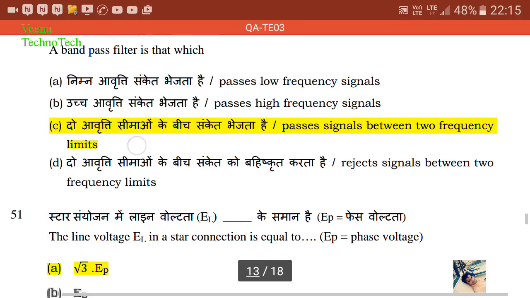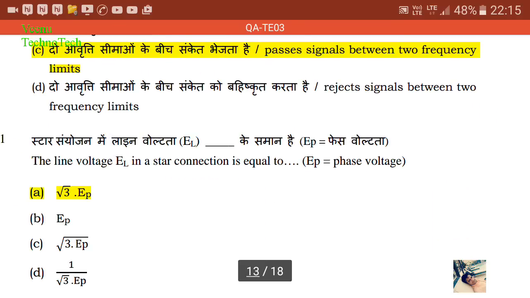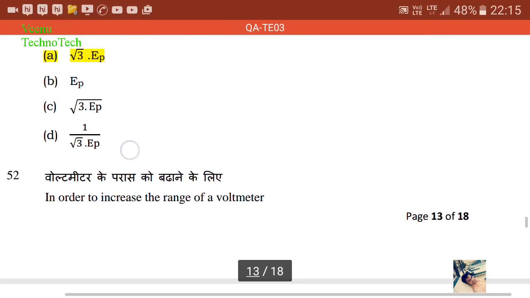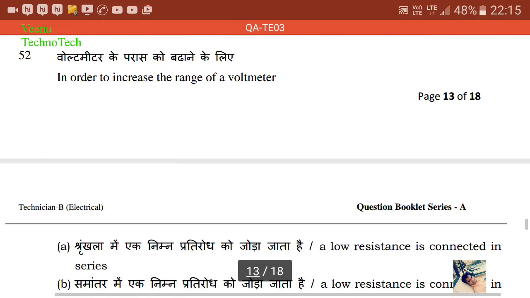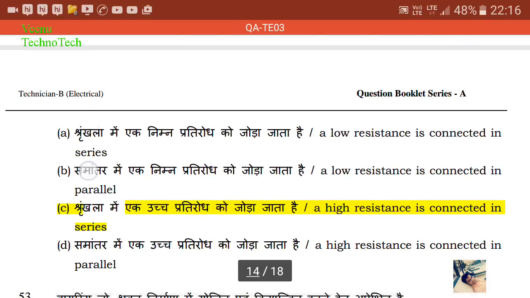So correct answer is C. Next, the line voltage EL in a star connection is equal to root 3 into EP. Correct answer is A. In order to increase the range of voltmeter, connect a high resistance in series. So correct answer is C.